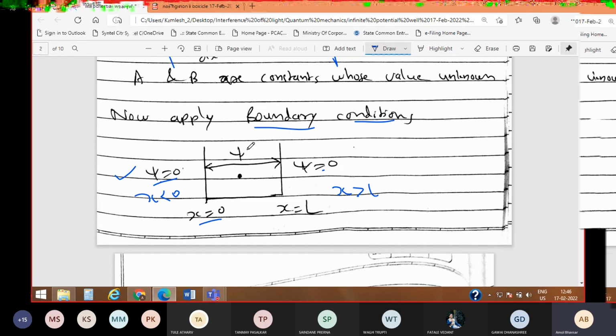Then I am getting psi is equal to a into sine of kx. So this is the value I am getting after putting b equal to 0 in equation number 2.